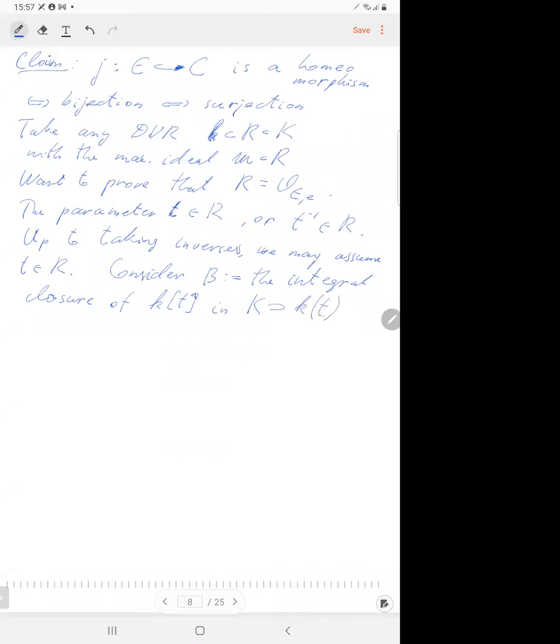Okay, and then we know that this integral closure lies inside our DVR. Because we proved last time that a DVR is integrally closed, or it's evident anyway, and T lies in the DVR, so certainly the whole integral closure does lie inside our DVR R.